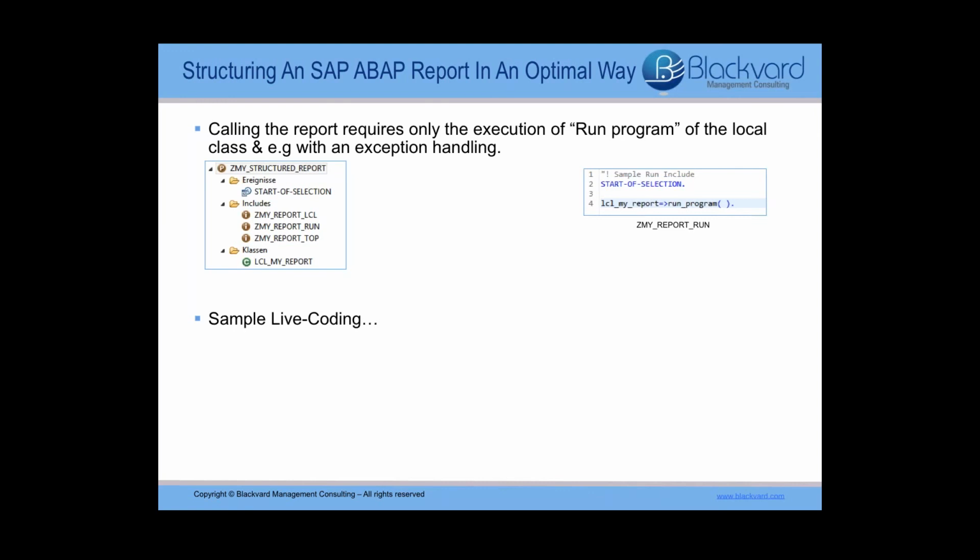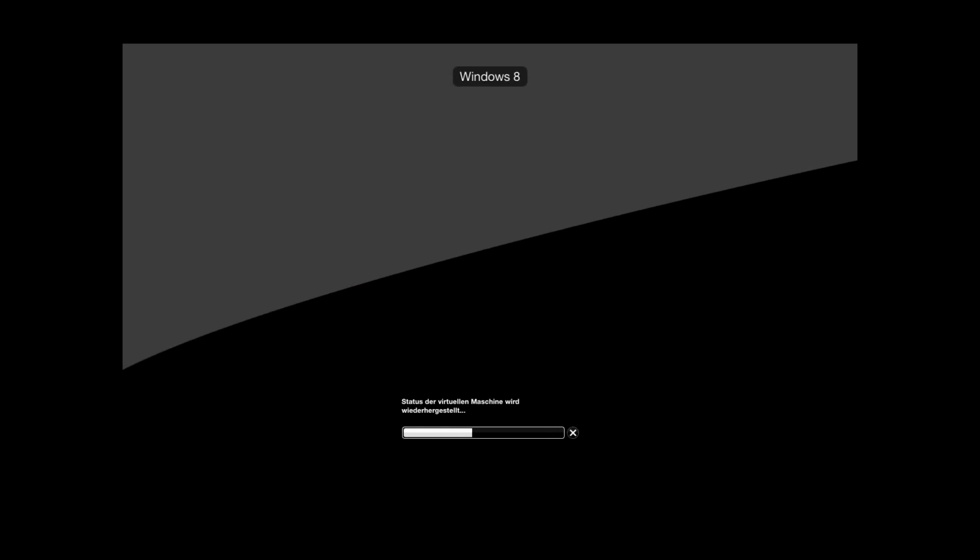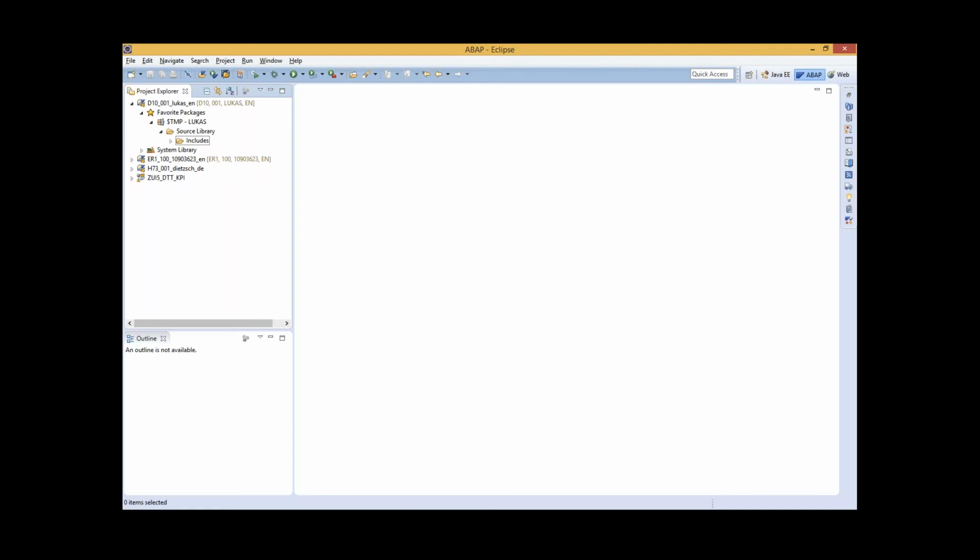So let's switch to the system and let's have a look at, oh no, it's gone. Let's have a look at the implementation of this. So I hope this system is still alive. It does not look like this, so we have to connect again.